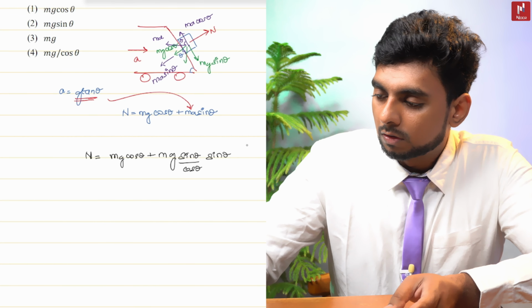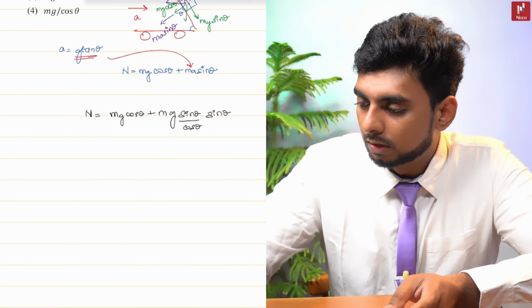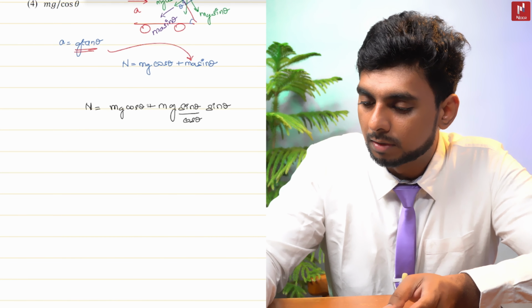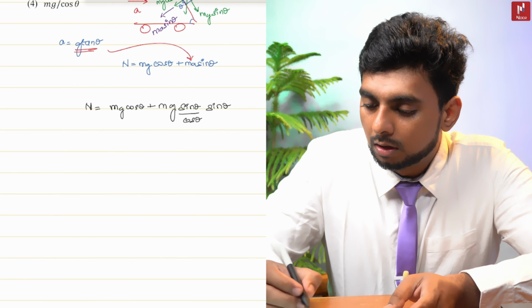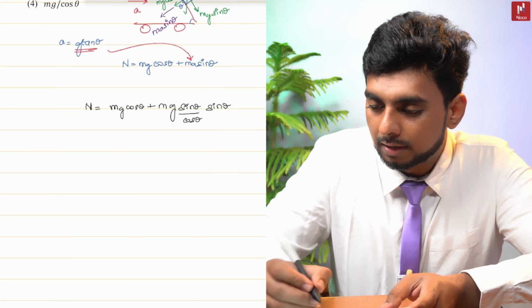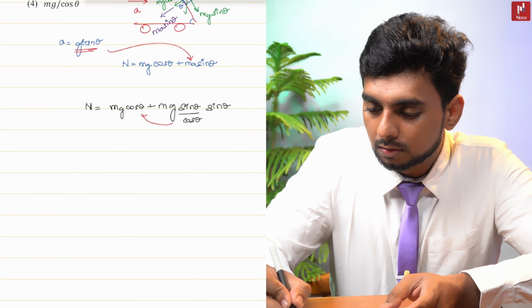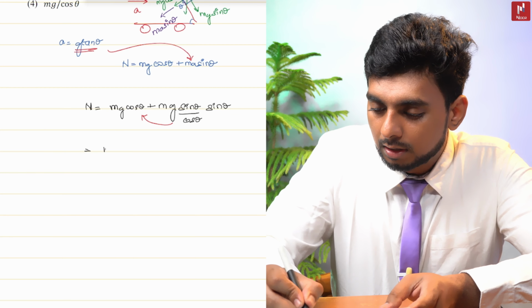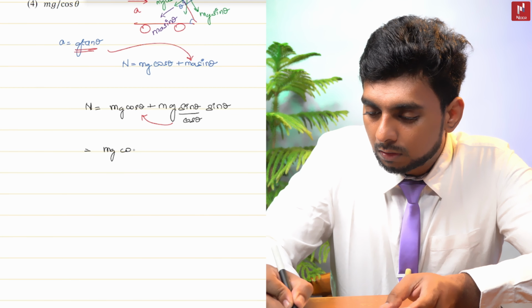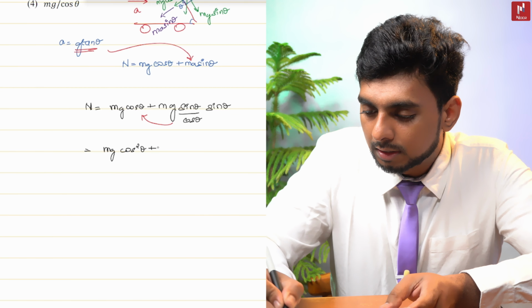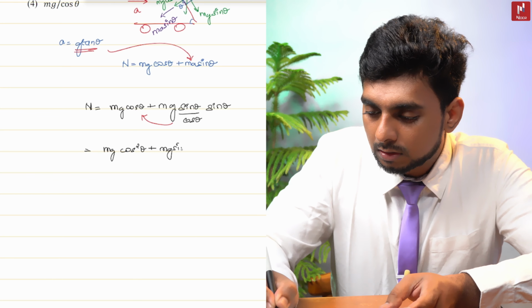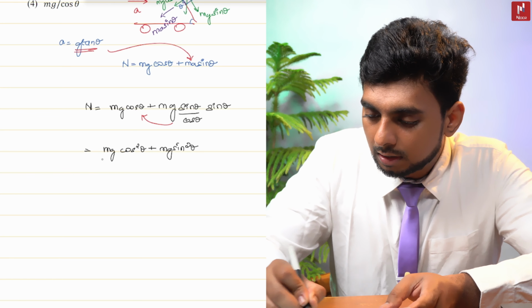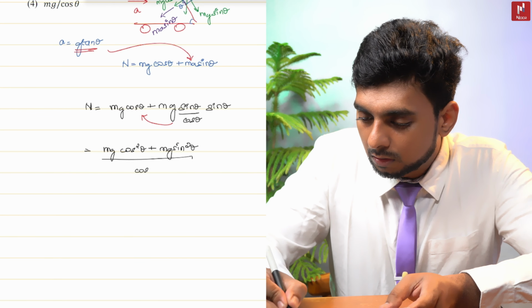Let me do the cross multiplication and solve it. If I do the cross multiplication, you will end up having mg cosine square theta plus mg sine square theta, divided by cosine theta.